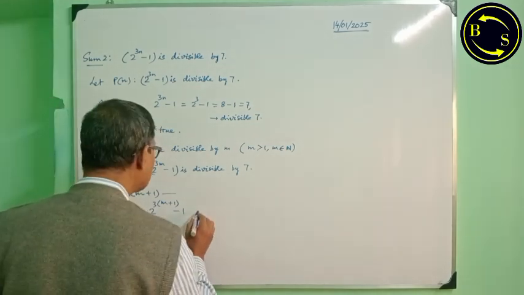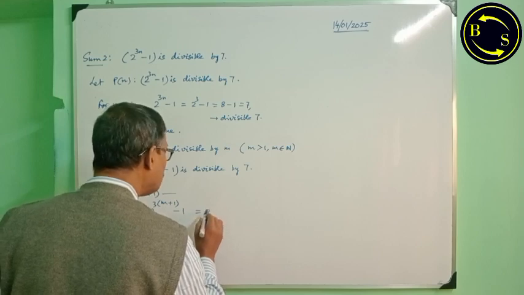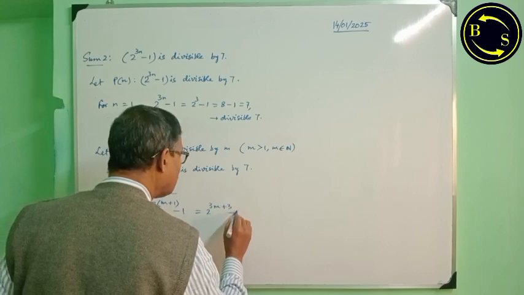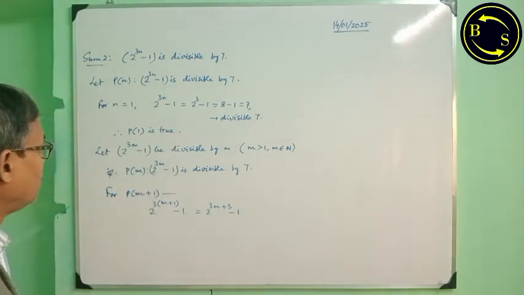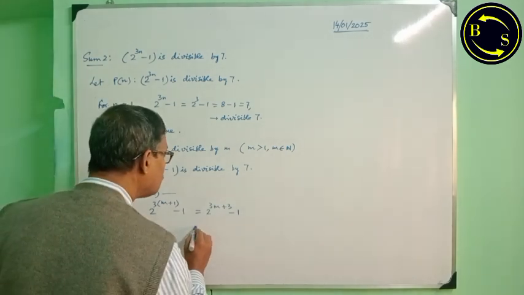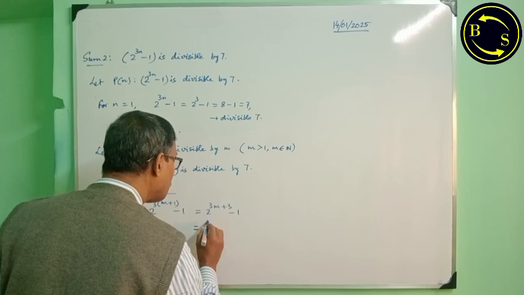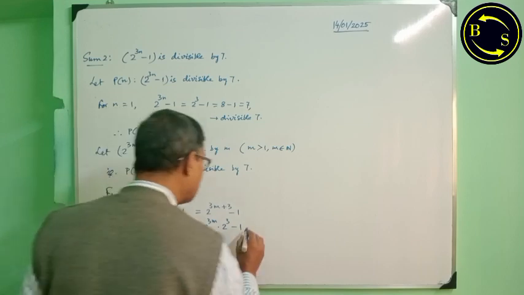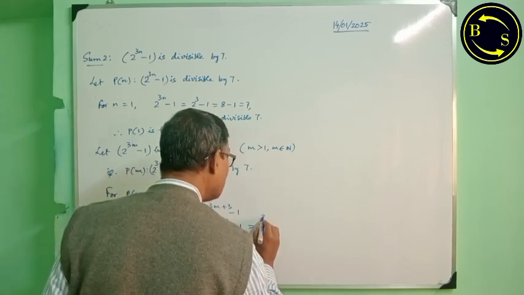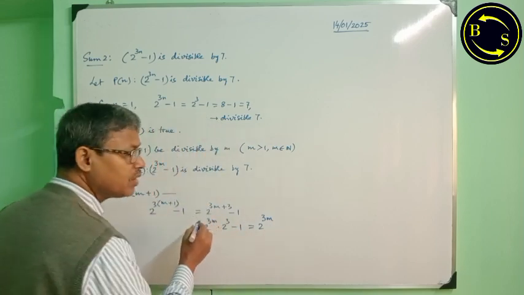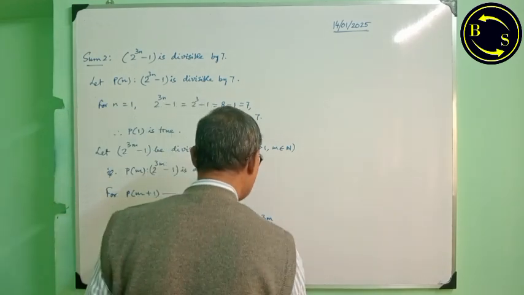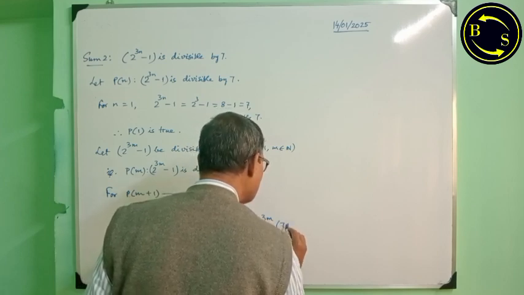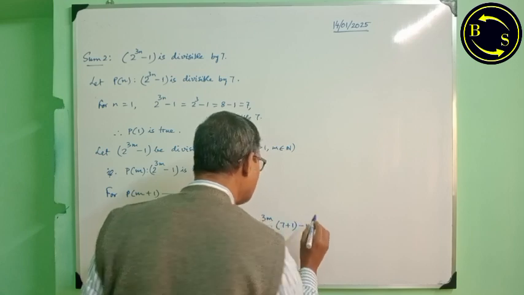Now I calculate the step like this: 2 to the power 3m plus 3 minus 1, and that is equal to 2 to the power 3m into 2 cube minus 1, that can be written as 2 to the power 3m into 8, which can be written as 7 plus 1, minus 1.